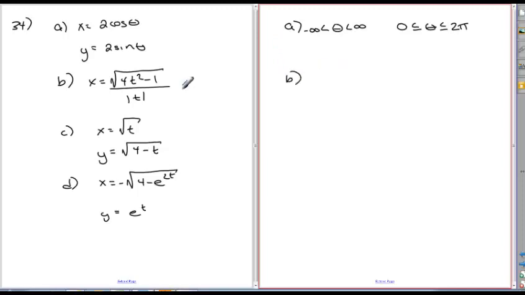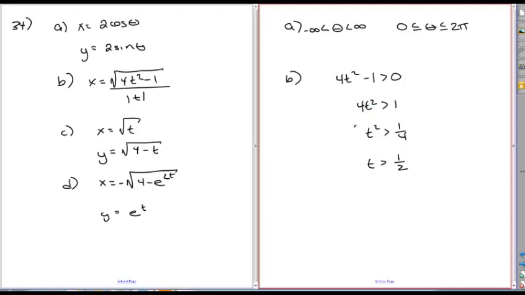Now for b, because we have a square root, this term has to be positive. So 4t squared minus 1 has to be greater than 0. 4t squared has to be greater than 1. t squared has to be greater than 1/4, or t has to be greater than 1/2.